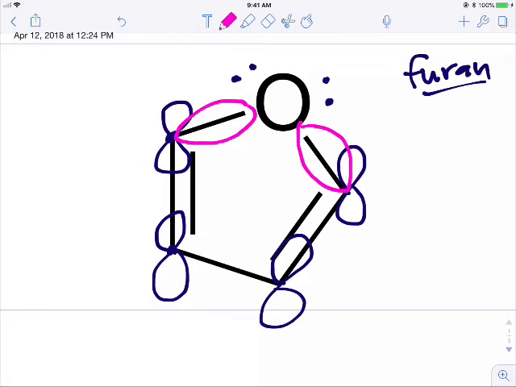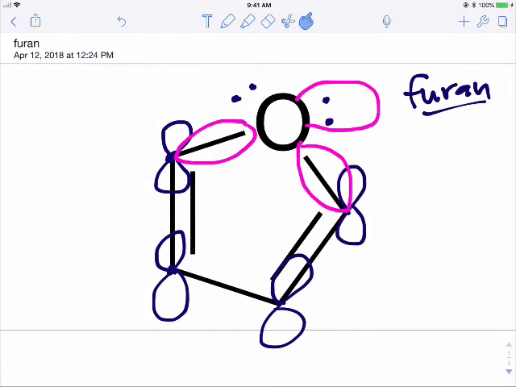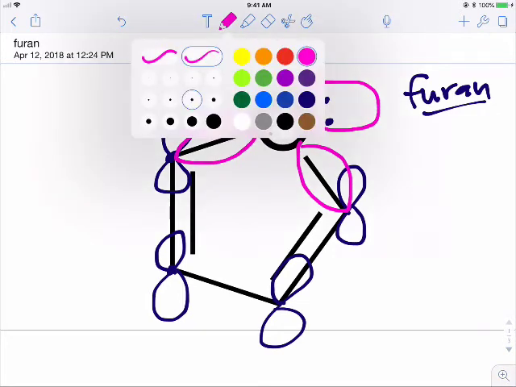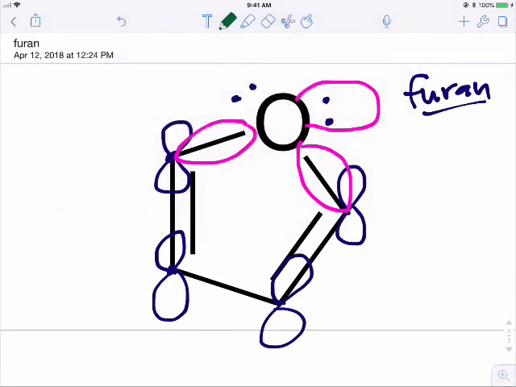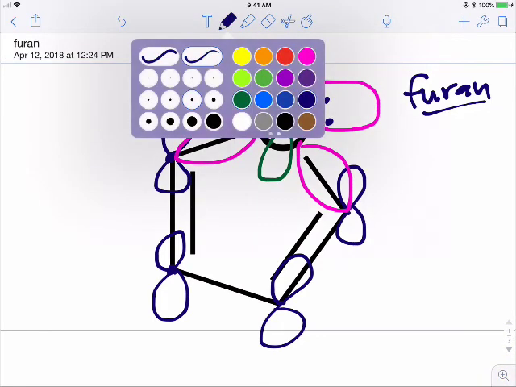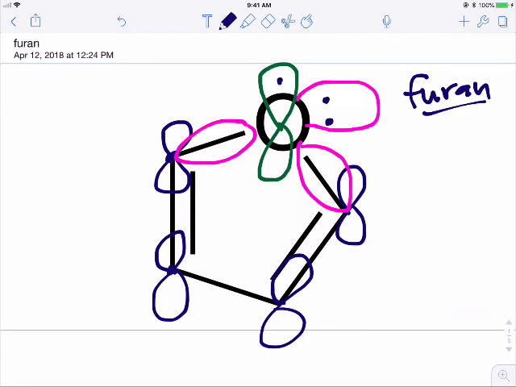We'd have sp2 containing 1 of the lone pairs, but then we would have an unhybridized p orbital, which I'll make in green. And that unhybridized p orbital could contain the other lone pair, like that.